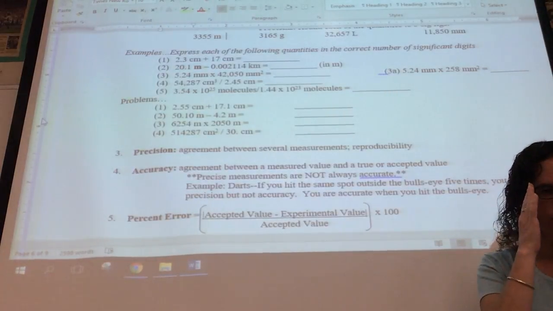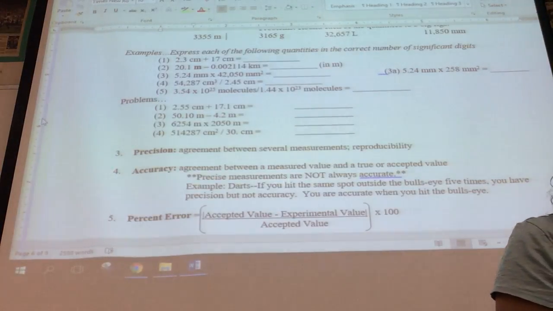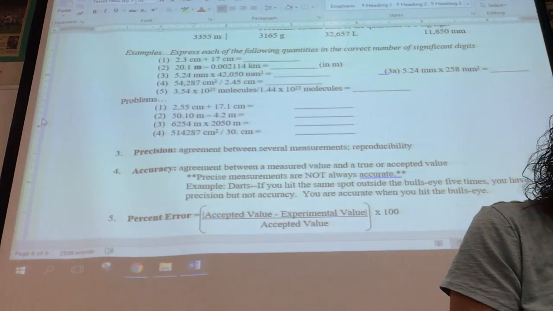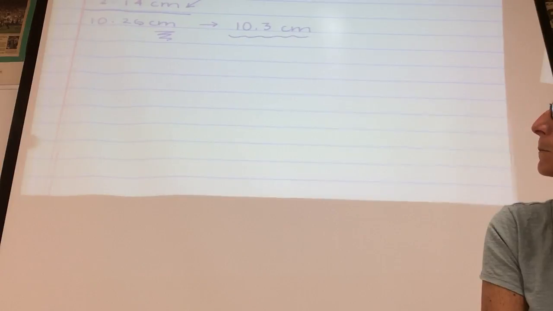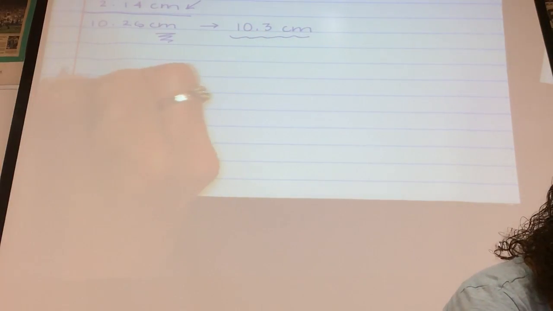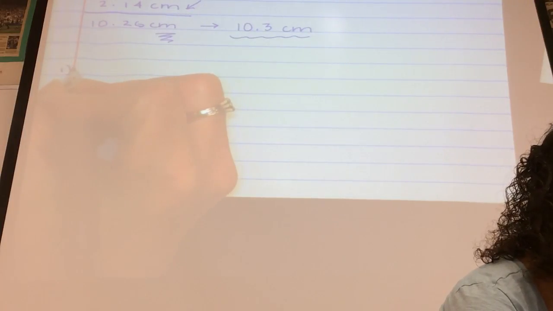All right, in that first problem, we have 2.3 centimeters plus 17 centimeters. So let's work through these problems. I'm going to work them out on paper so you have it as well. And like I said, sometimes it is easier to work some of the addition and subtraction vertically.